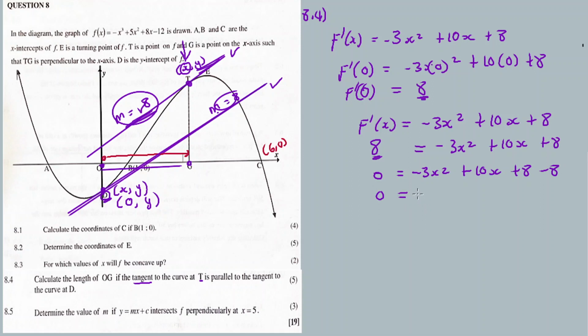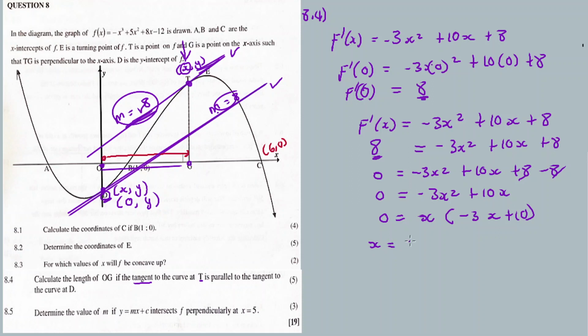0 is equal to minus 3x squared plus 10x, the 8s cancel, okay, right? Let's solve for x. 0 is equal to x open bracket minus 3x plus 10.